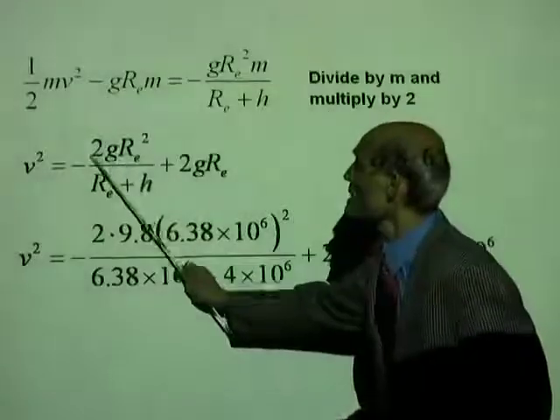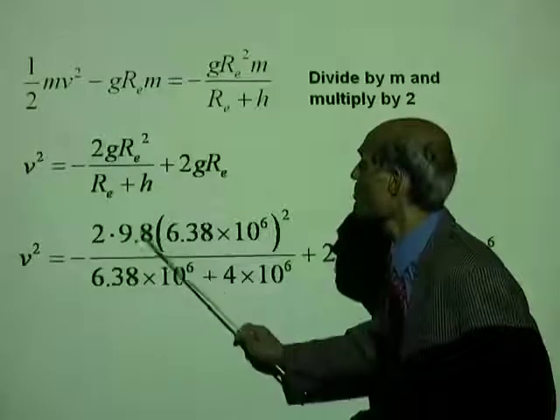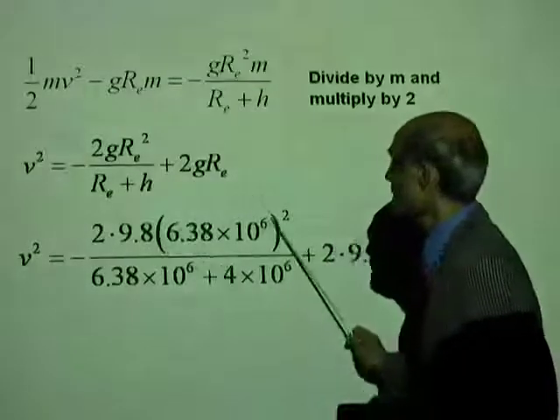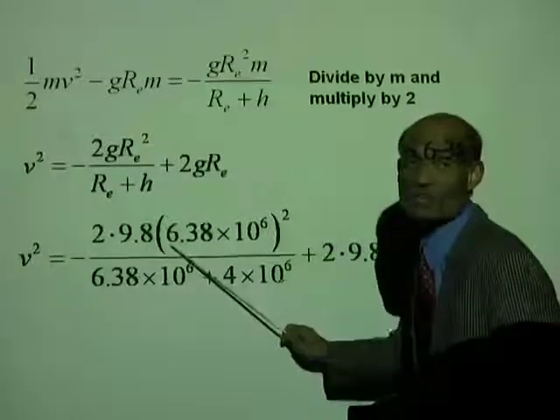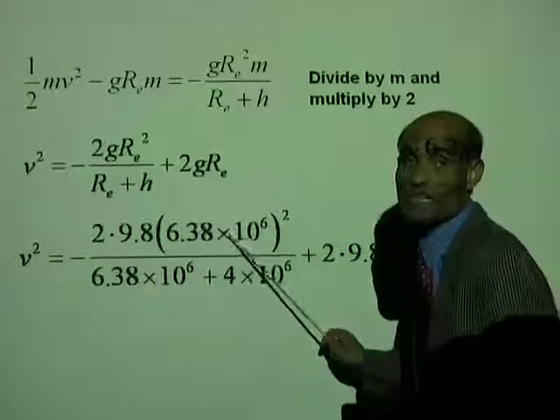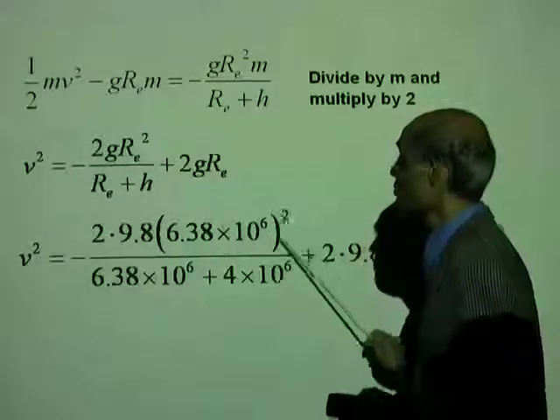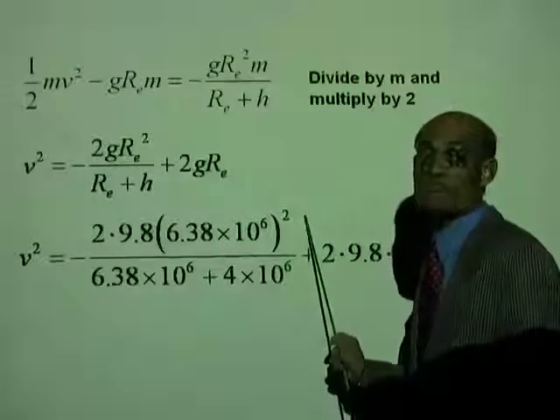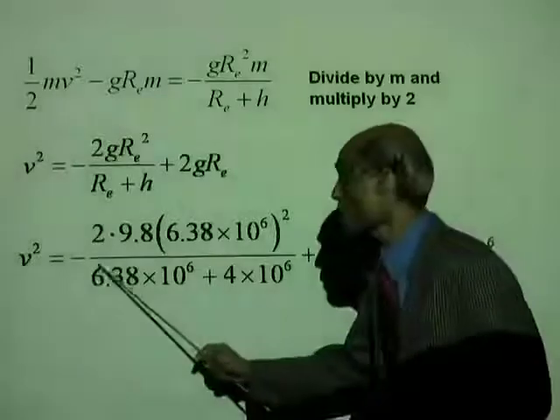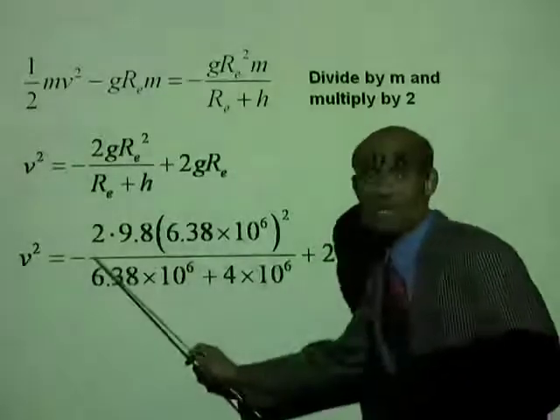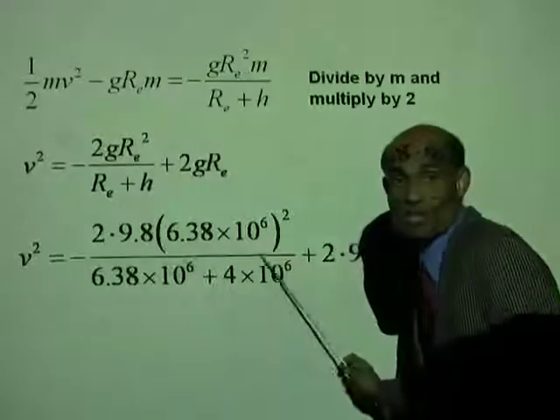Well, we know g, that is 2 times 9.8. Now look at the way I write the square of the radius of the earth. 6.38 times 10 to the 6th, squared. You must do the same when you use a calculator. All over. Now, on your calculator, you must put this in parentheses.